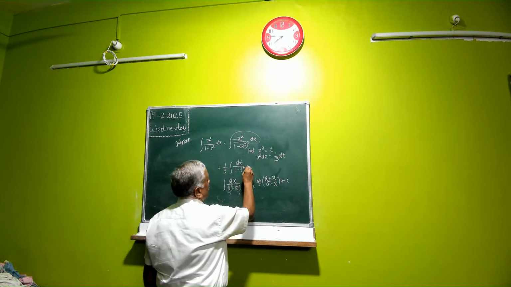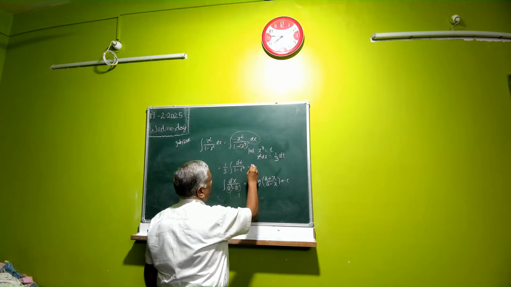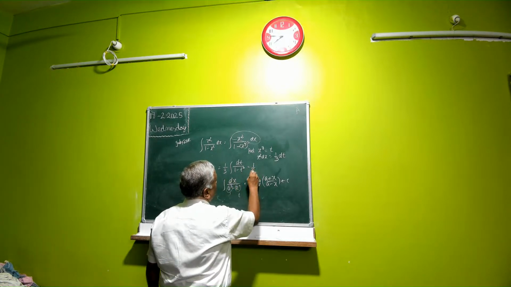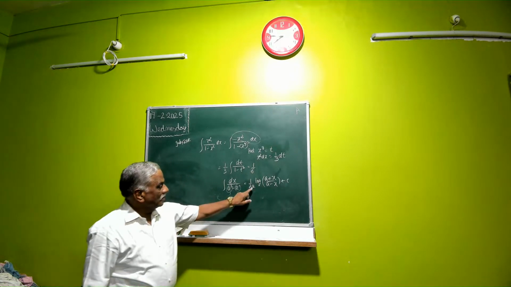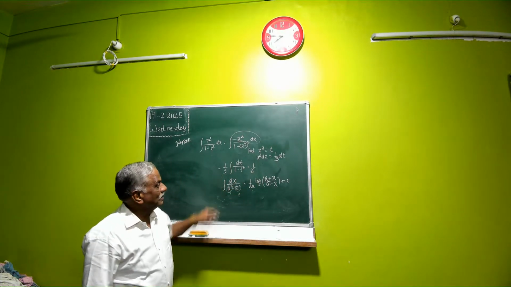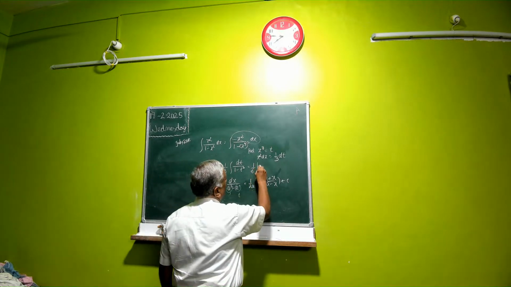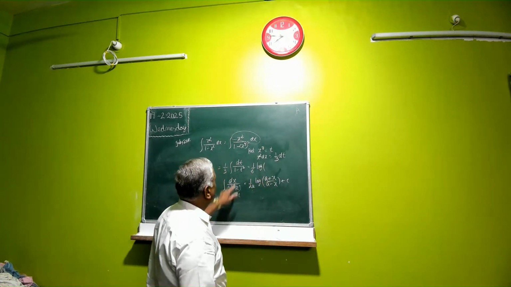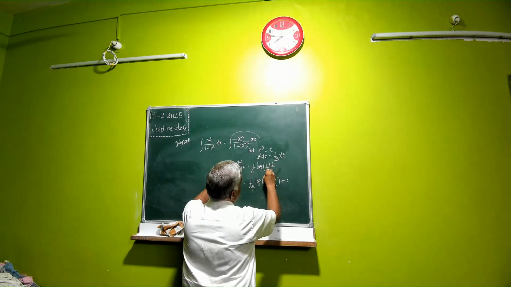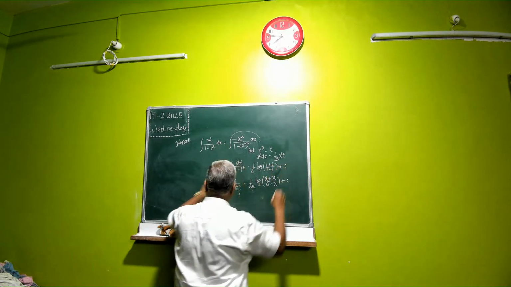So what do you get if you apply the formula? 1 by 2a is 1 by 2, and 1 by 3 is already there. It becomes 1 by 6. A is 1, therefore 1 by 2 remains. 1 by 3 is outside. Log of, a is 1, x is t, 1 plus t over 1 minus t plus c.